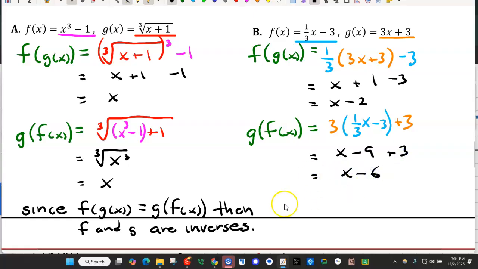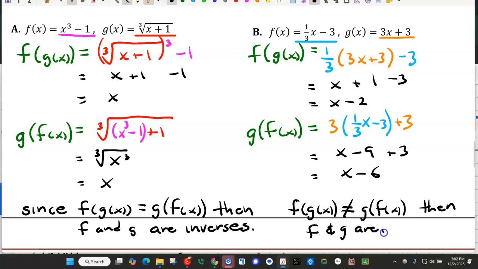So therefore, they are not equal to each other. f of g of x and g of f of x are not equal to each other. And f and g are not inverses.